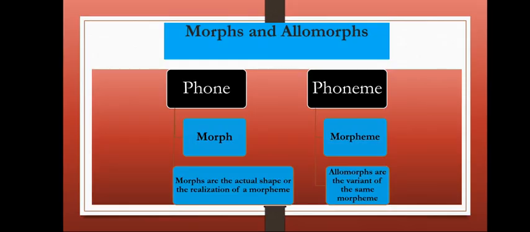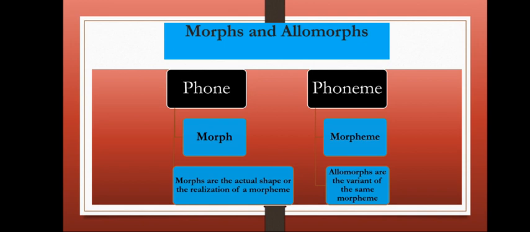Now here we will have a very important discussion on morphs and allomorphs. To understand the concept of a morph and an allomorph, it is mandatory to understand what a phone is and what an allophone is. On the one hand we have phone, and on the other hand we have phoneme.